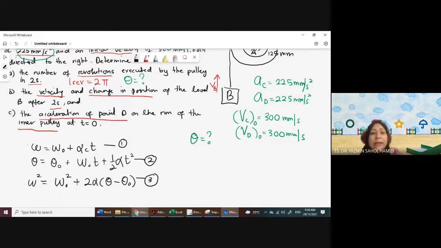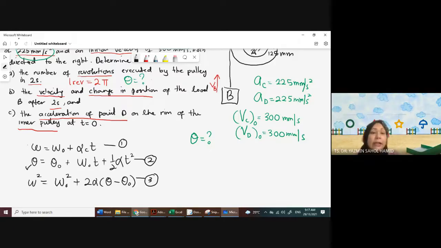Formula mana yang ada theta? 2 dengan 3. So, you nak guna formula 2 ke number 3? Cuba tengok apa value yang kita ada. Theta ni kita nak cari.